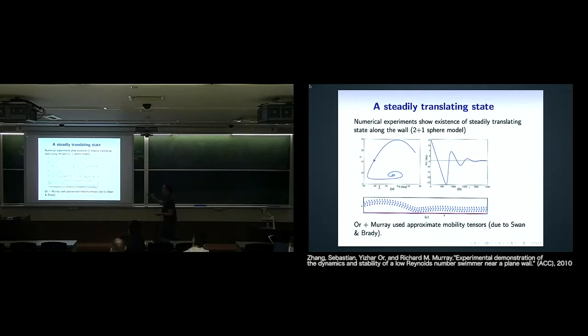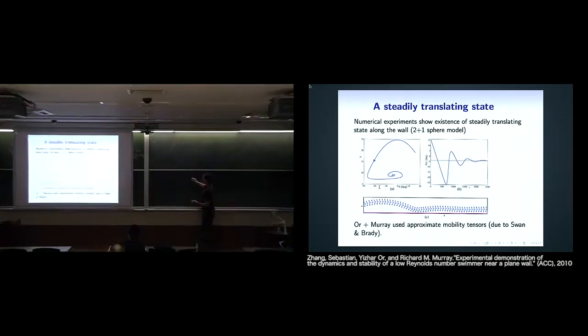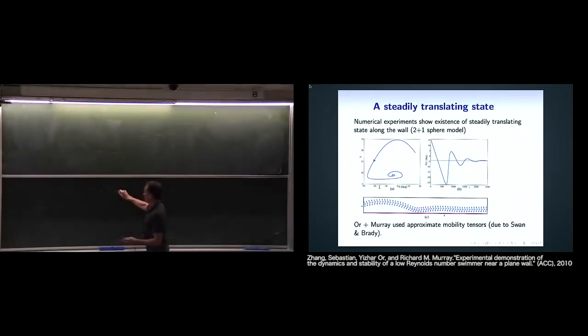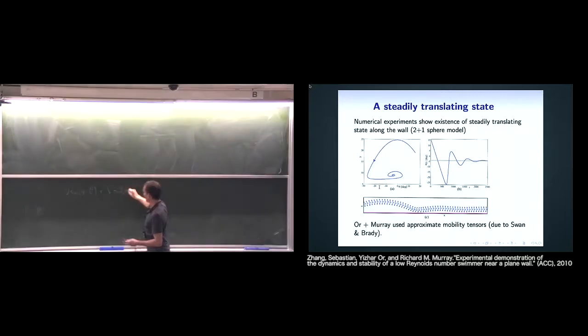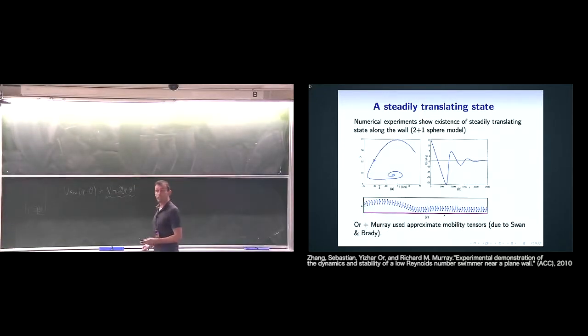Oh, and by the way, remember, I told you that in our swimmer model we had this. There was a 2 there. Then everything I did in the last couple of lectures was just this one, and that was the one that led to this. So you either had a steadily translating orbit, or you had these nonlinear orbits, which are one of these.